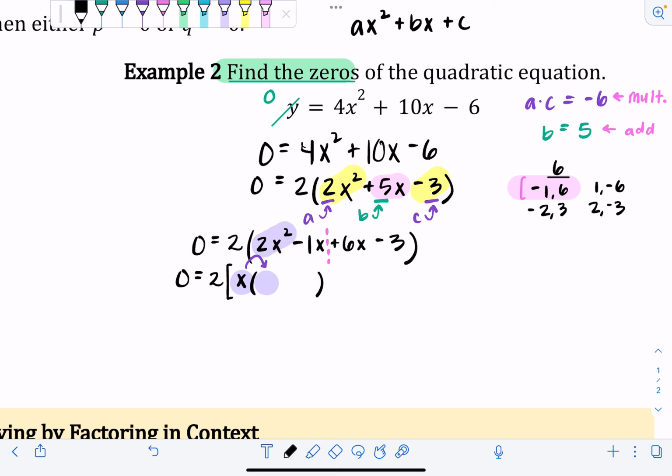I would have to multiply x by a 2 and another x to go up to x squared. And for the second part, x times something would go right here that would bring me back to negative 1x. I would just have to multiply it by negative 1, because x times negative 1 would be negative 1x.